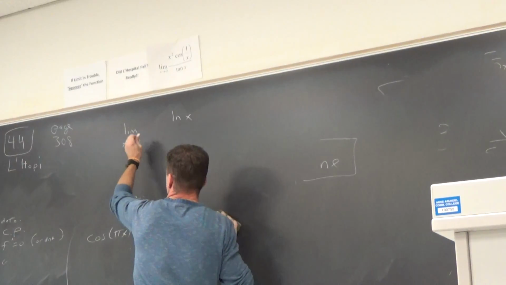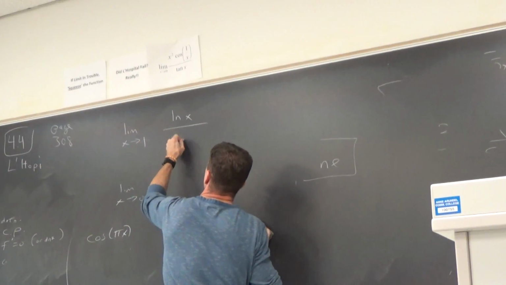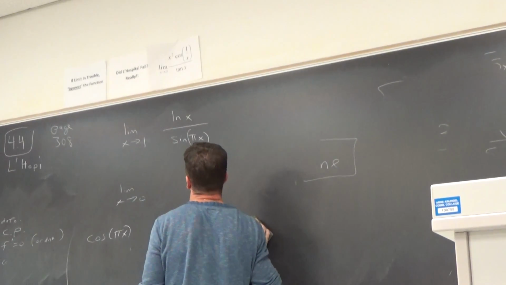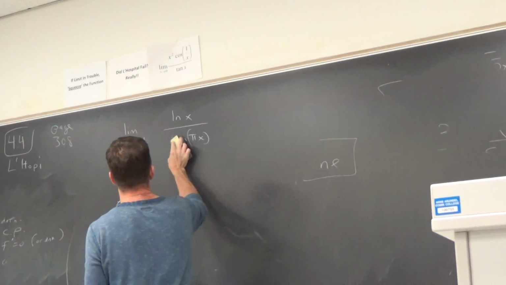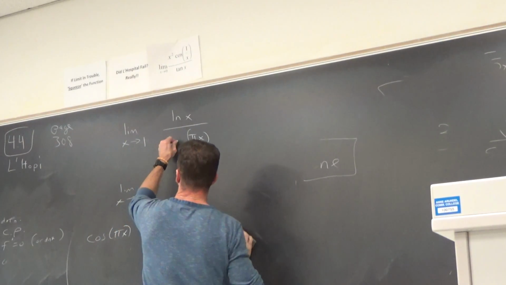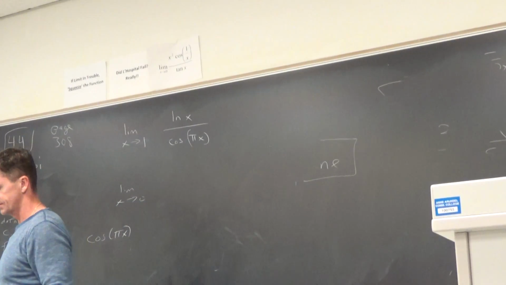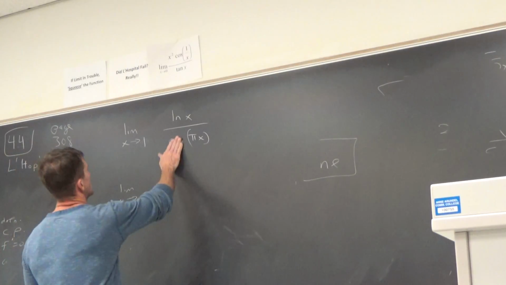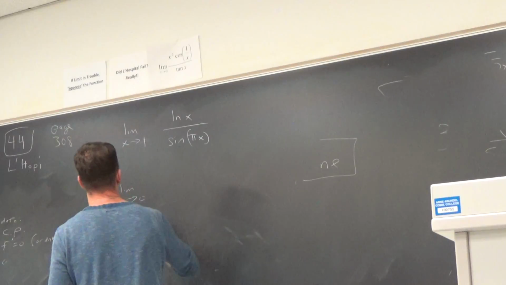How about 1? Sine of pi times, no, that's not 0. How about that? Actually, that wouldn't work either.